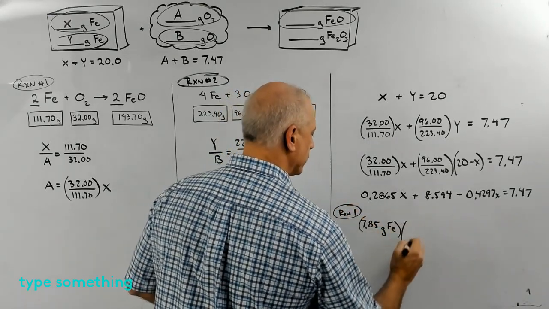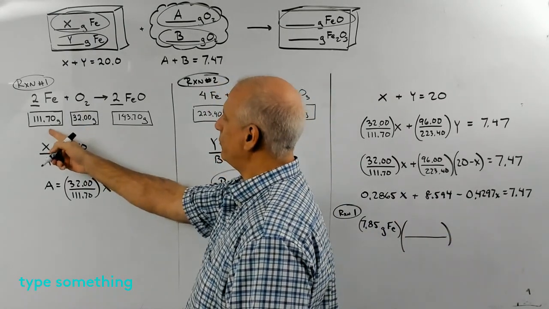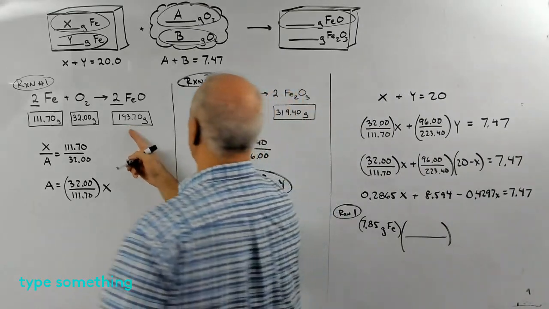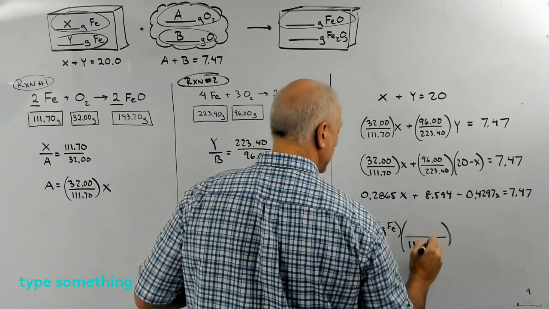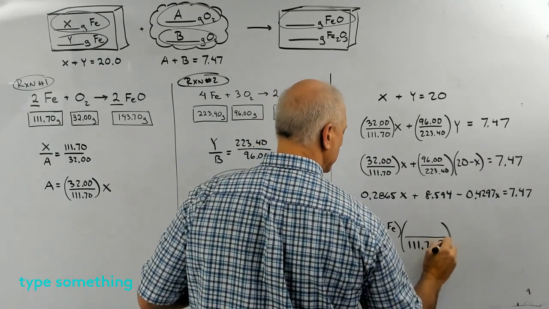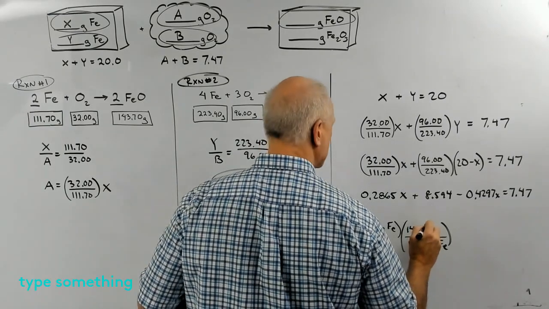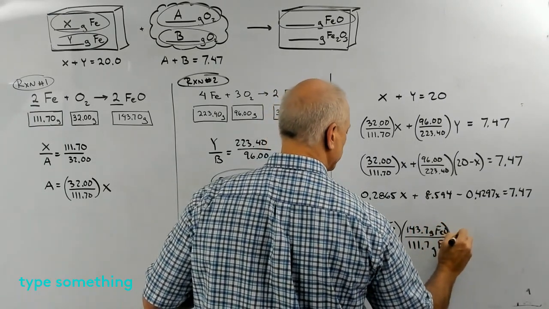According to reaction number 1, 111.7 grams of iron would produce 143.7 grams of FeO.